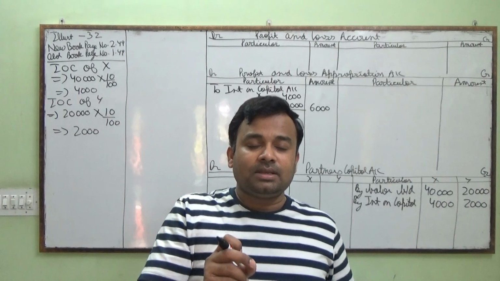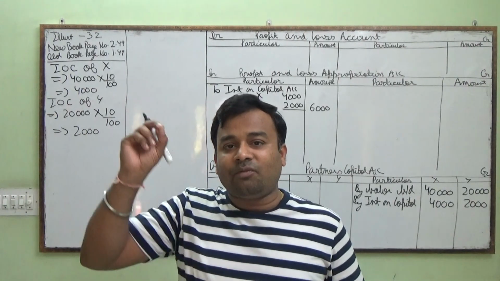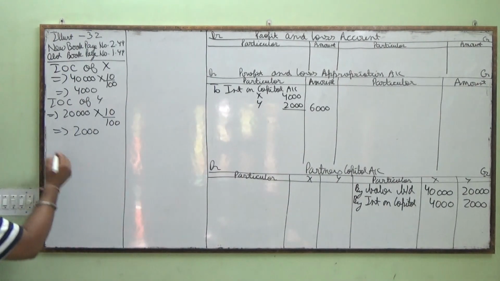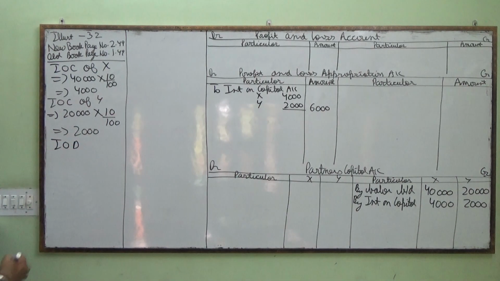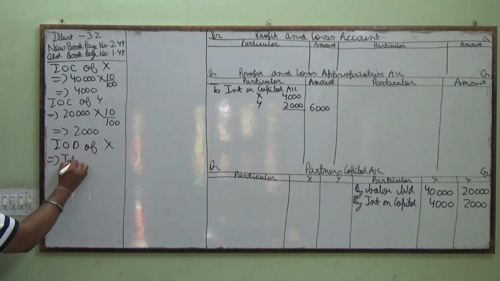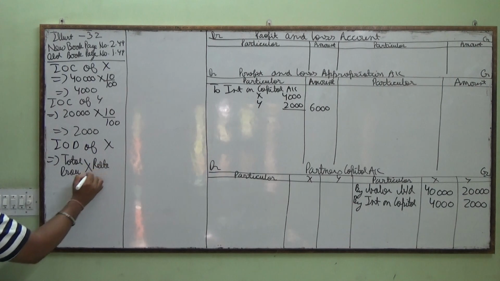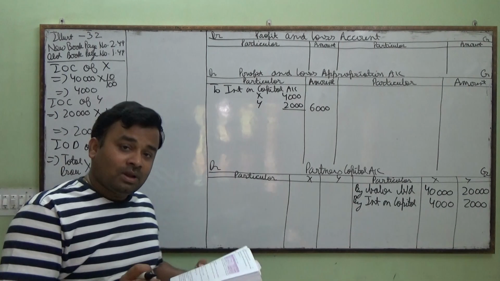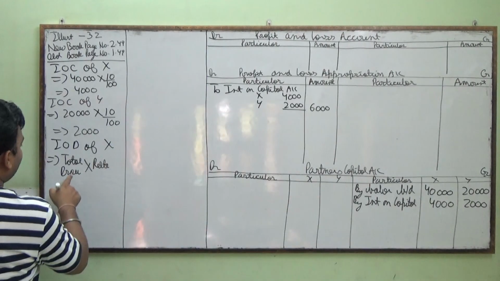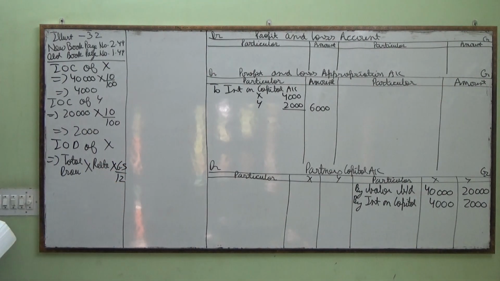We already discussed that when a partner withdraws a fixed amount at the beginning of every month during the whole year, then the formula for calculating interest on drawings is: total drawings into rate into 6.5 divided by 12.